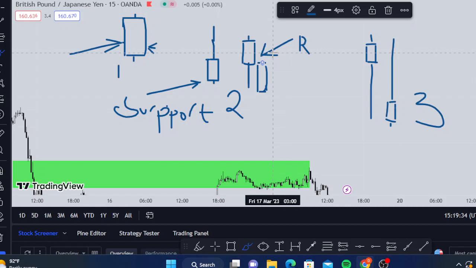It has a higher chance of occurring when you see it on a higher time frame. I hope you understand it.